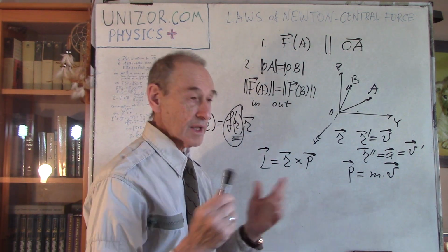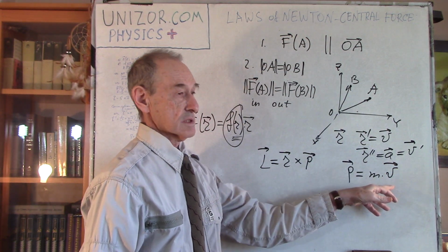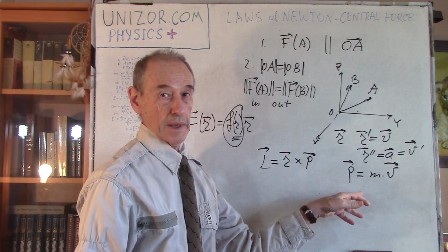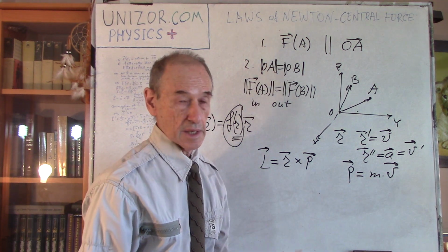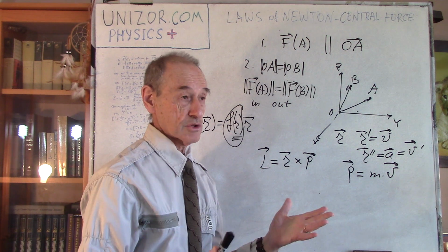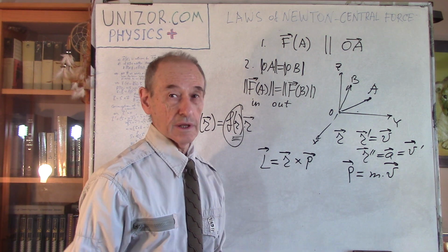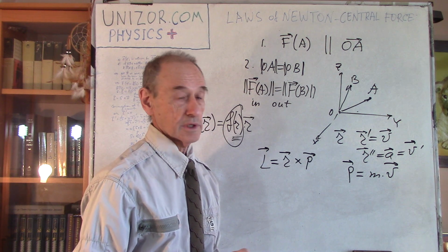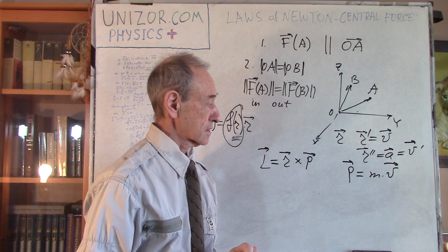Again, in the one-dimensional case, we don't use the vector form, so mass times speed would be the momentum. But in the vector form, obviously, that's basically the same thing. Just use three-dimensional vectors, instead of the one-dimensional case, usually considered in the regular high school course of physics.